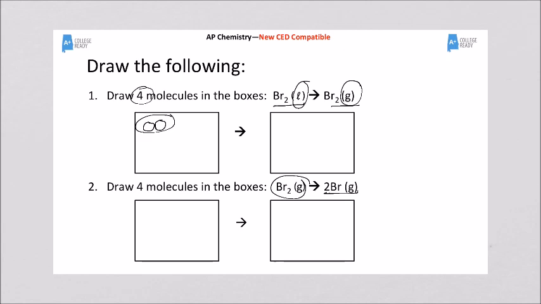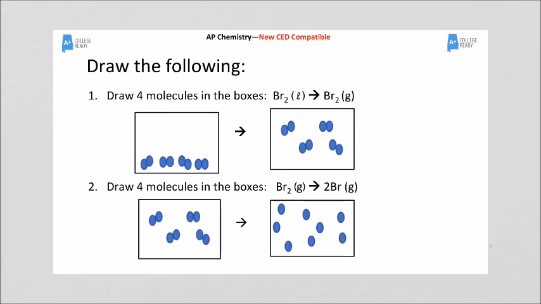So hopefully, if you took the time to try this, the liquid molecules should be kind of clustered at the bottom, not as organized as a solid, but they will have their LDFs holding them together. And as this is heated, the liquid will become less organized and spread out in that container.